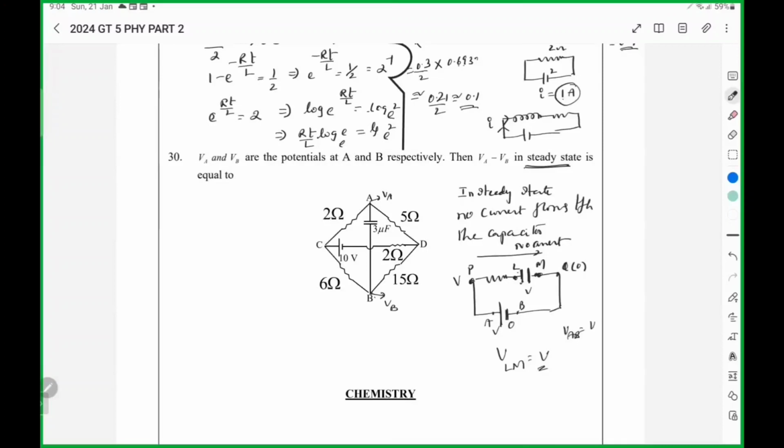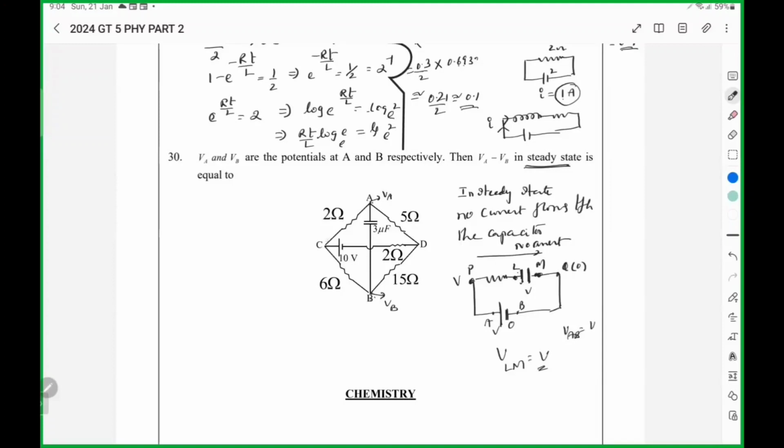So don't think that once current is not flowing through AB, there won't be a potential difference between A and B. In steady state, current will not flow, still there is a possibility that a potential difference exists between A and B. Now we have to find out the potential difference between A and B. If that is 0, then obviously the potential difference across the capacitor is also 0.